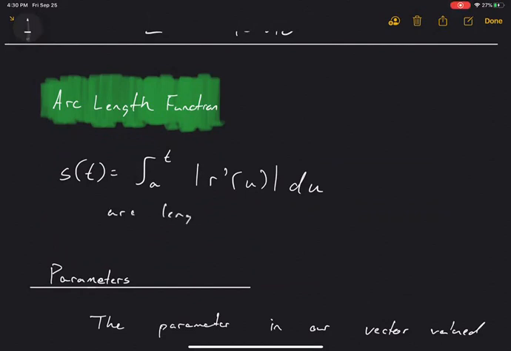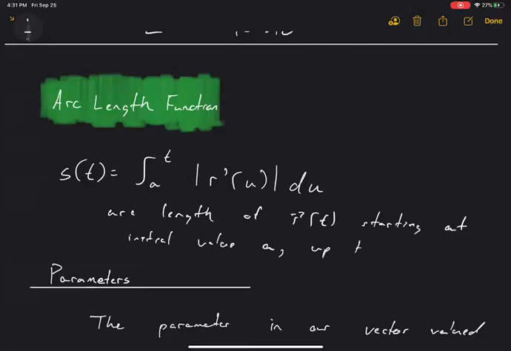of r of t starting at, well, instead of calling it t equals a, calling it the initial value a, up till value t.